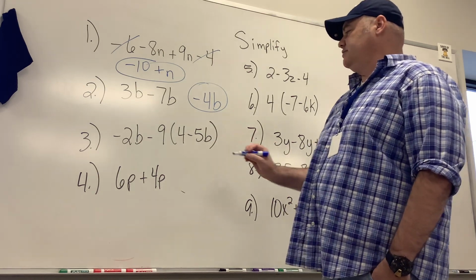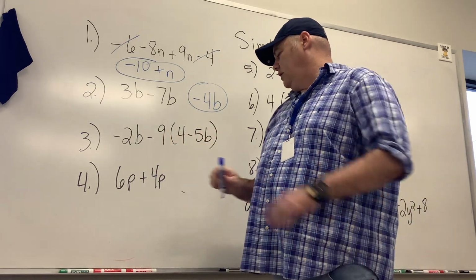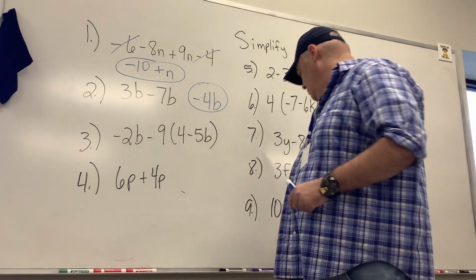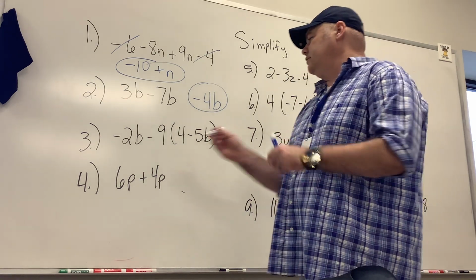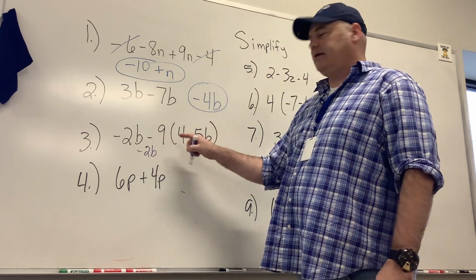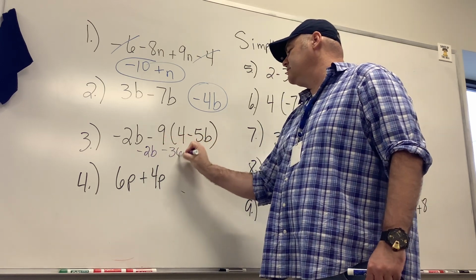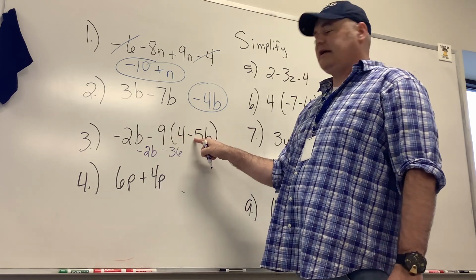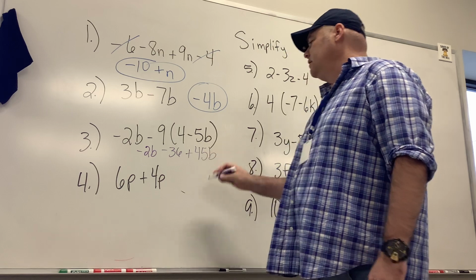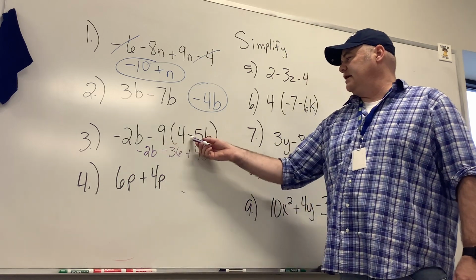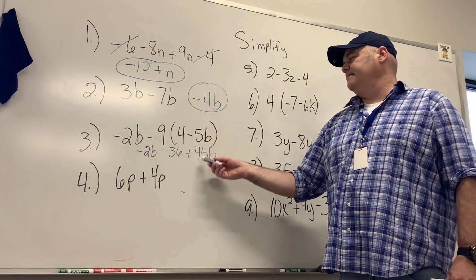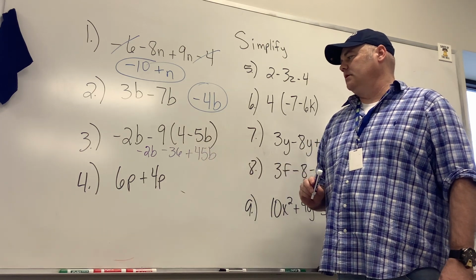This one we need to distribute first. So I'll do a first row here. So -2b. And then you take -9 times 4, which is -36. -9 times -5b, which is plus 45b. Because remember, negative times a negative is positive. So 9 times 5 is 45. And then you got b there.